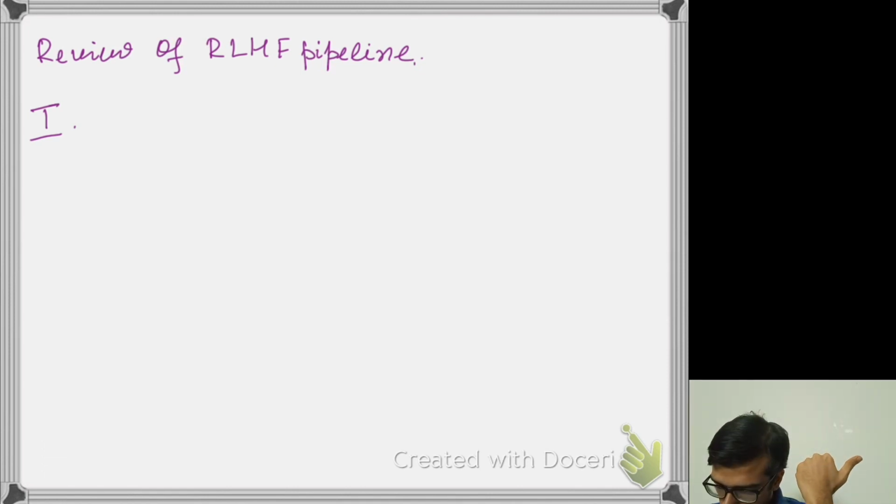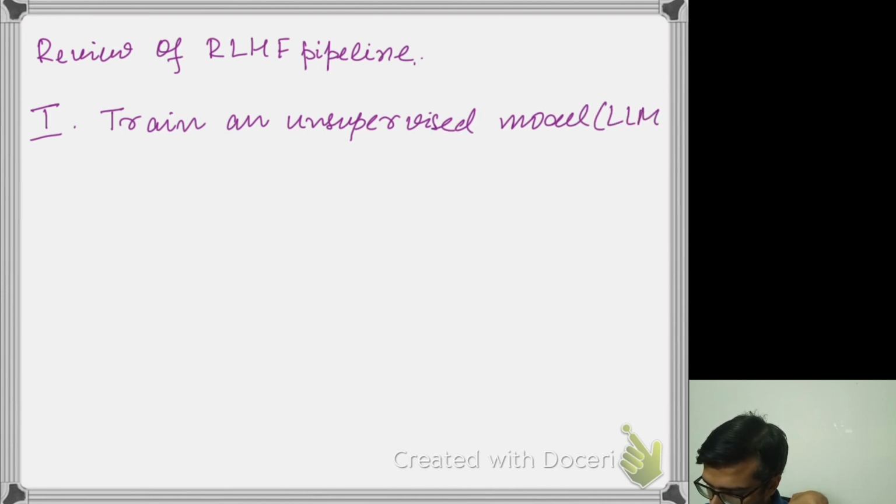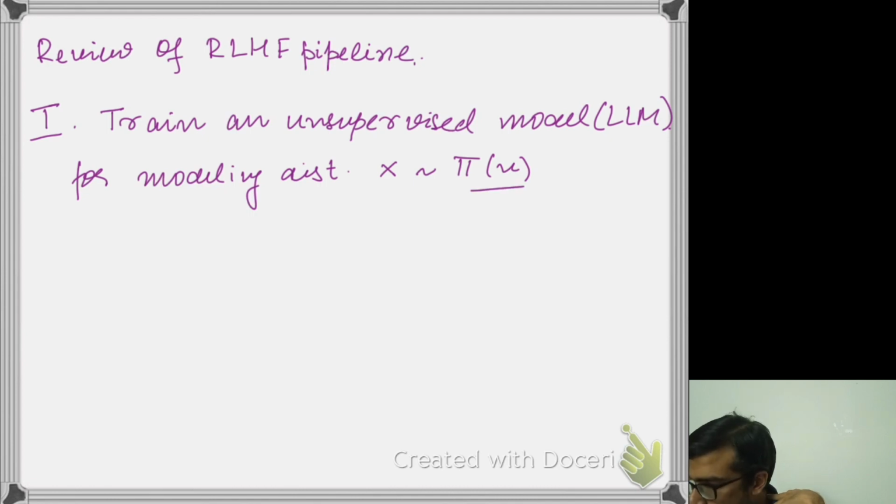So the first step is to train an unsupervised model or LLM for modeling distributions of a sequence of tokens coming from the distribution pi of x. Pi is the unsupervised language model which we are learning.